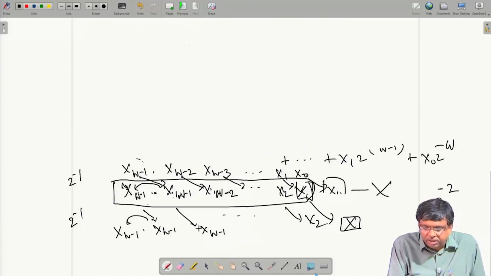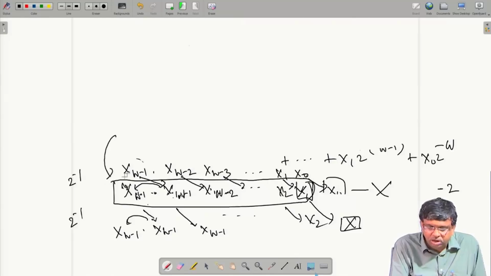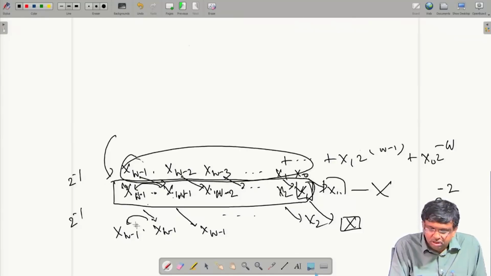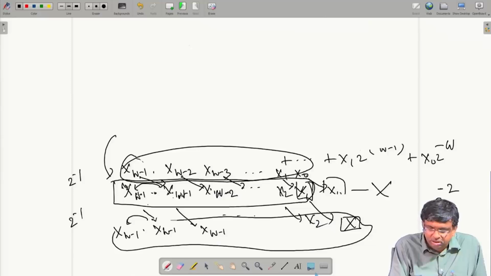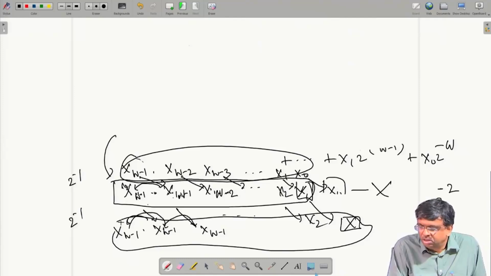So, you see the sign bit actually gets extended twice. If you compare the original word with this one, all other bits got shifted twice, and the sign bit got extended twice. So, if it is 2 inverse 2, all bits get shifted to the right by twice, the lower 2 bits get chucked out, and the sign bit then gets extended once and one more time, and so on and so forth.